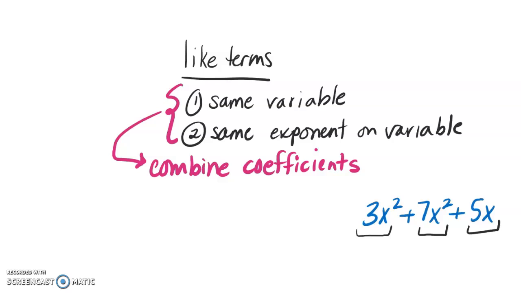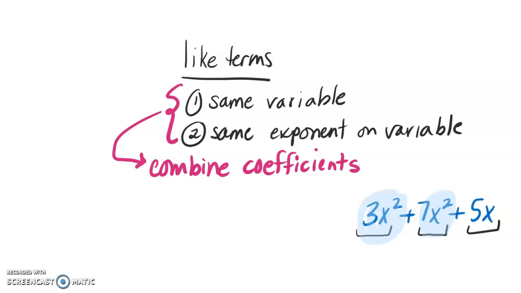All 3 of these terms have variables in it. All 3 of them have x's, but only 2 of them are alike because they have the same exponent on the x. These 2 have an exponent of 2. This one, the 5x, has an exponent of 1. Even though the exponent's not written, when it's not written, the exponent is 1.